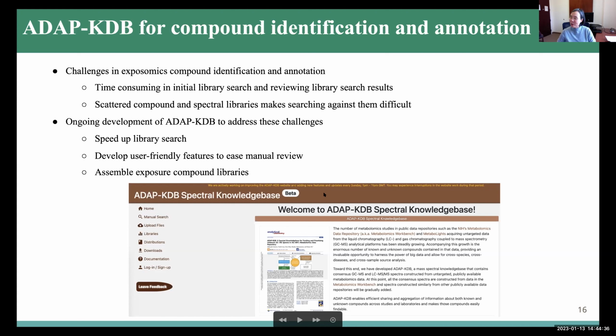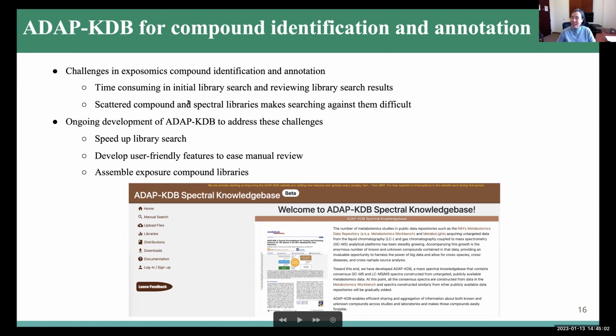And this is what ADP KDB has been designed for. We have not, of course, completed all the tasks. This is still ongoing development, but we are hoping to continuously make progress. So in terms of compound identification and annotation, there are 2 very big challenges. One is it's very time consuming to match against the library and also review those results.